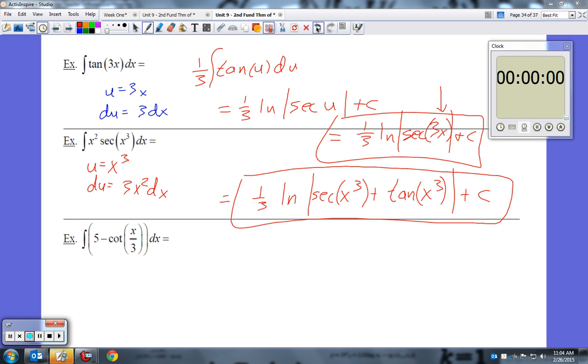looking at this, those of you who want to identify a shortcut, this is a 1/3 piece, if you will, right? There's your 1/3. Looking at this, your u is going to be here, and it's basically never mind, I don't want to show you the shortcut because it doesn't work all the time.